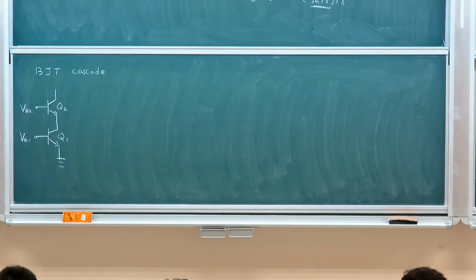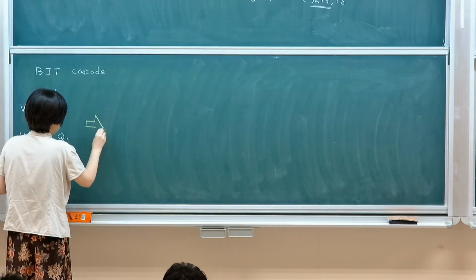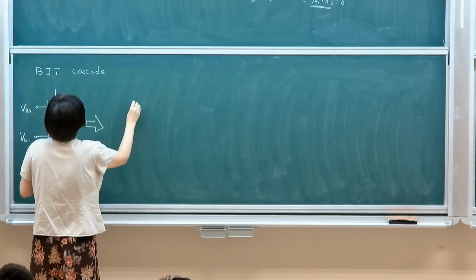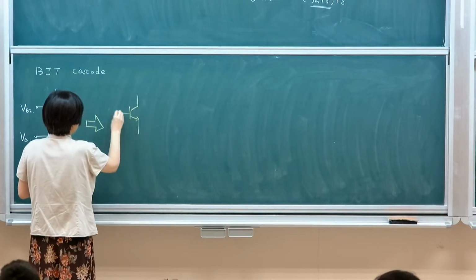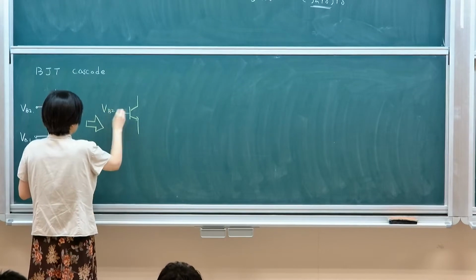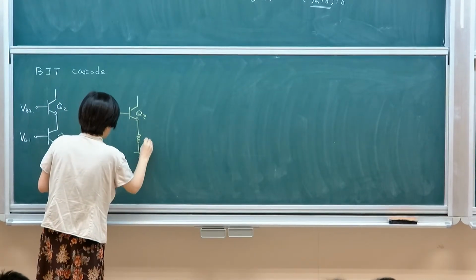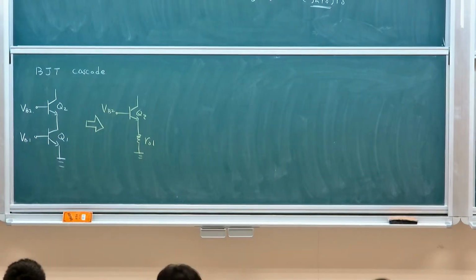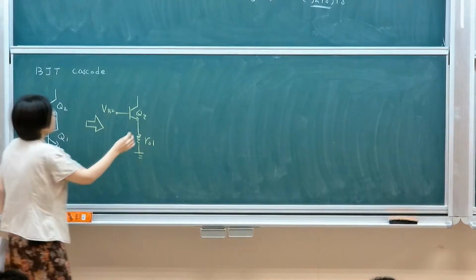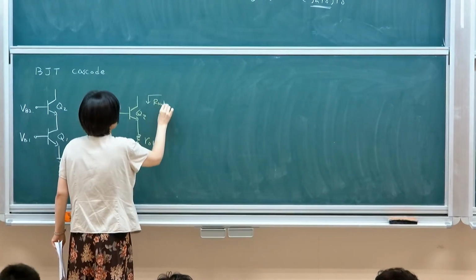So we can also simulate this as, this will be equivalent to a common base structure, Q2, RO1, right? And then we're also looking in for its output resistance.